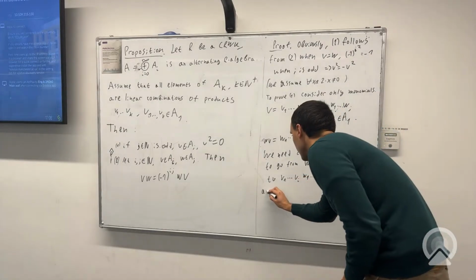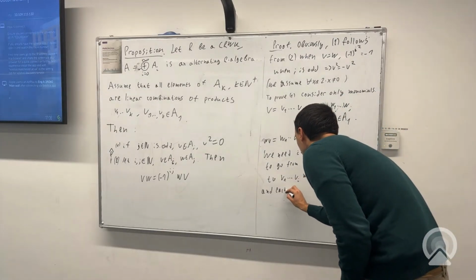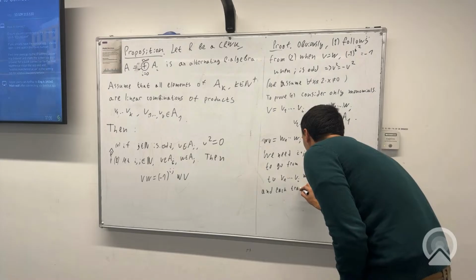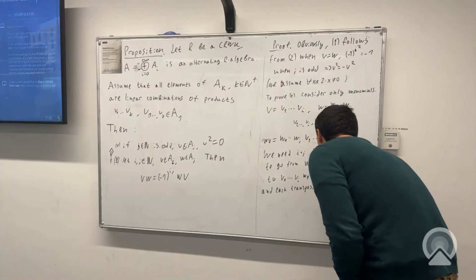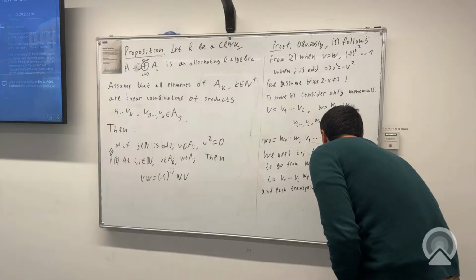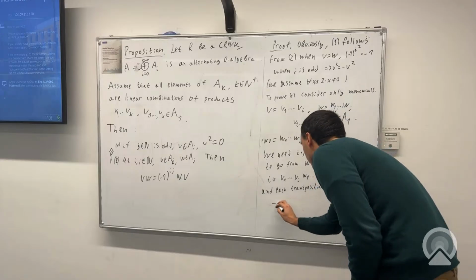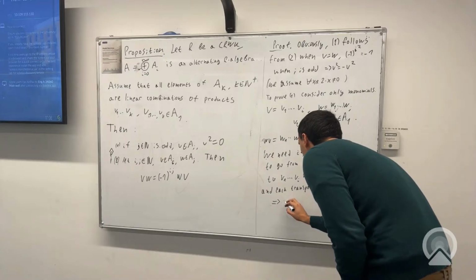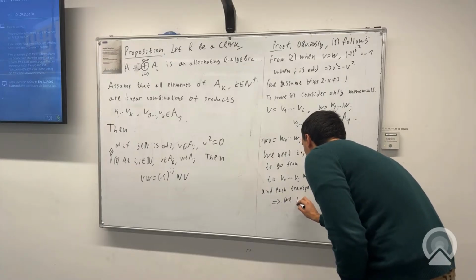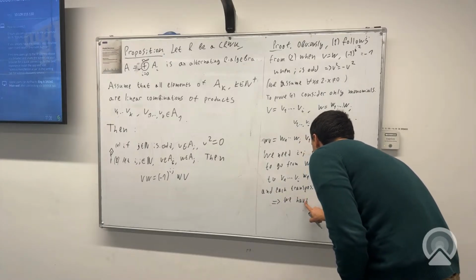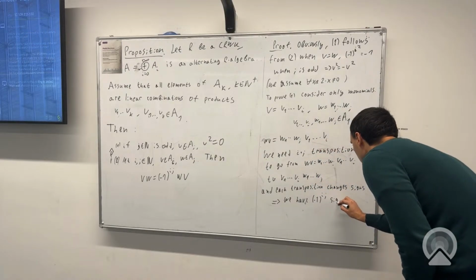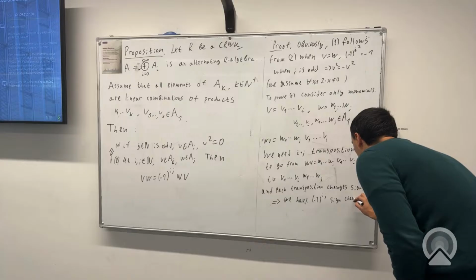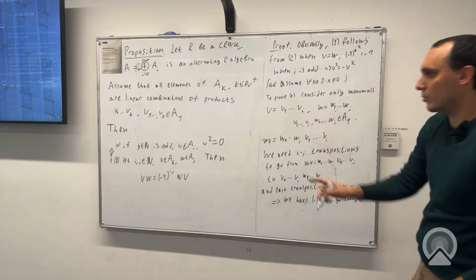And each transposition changes sign. And so there we have minus 1 to the power of ij sign changes. And this is what we wanted.